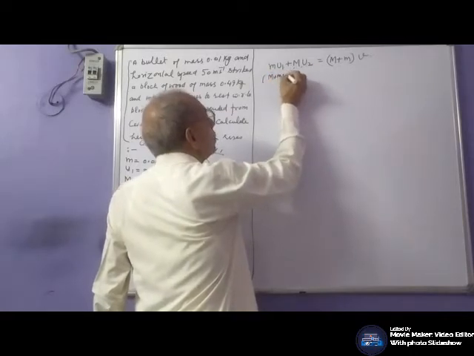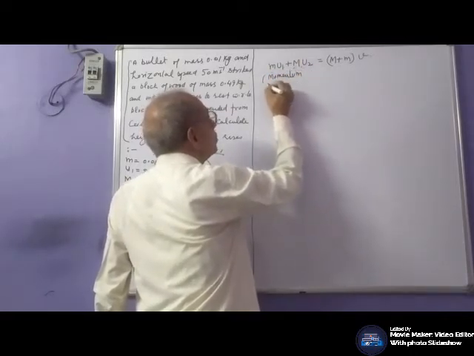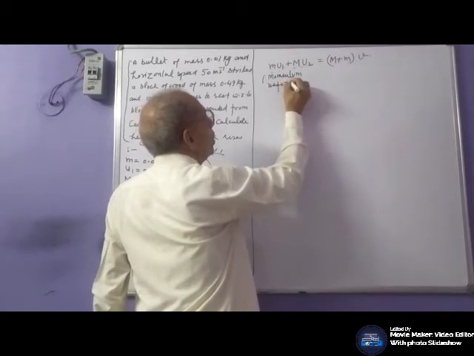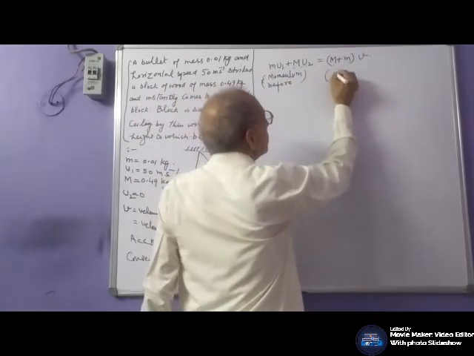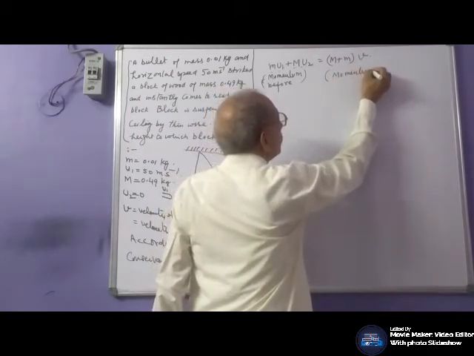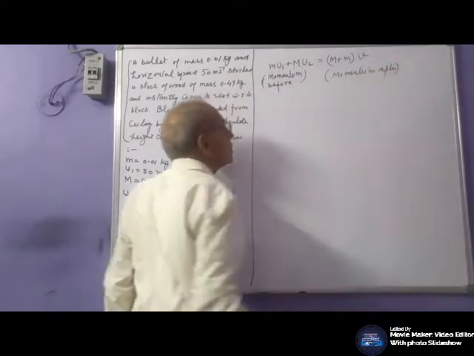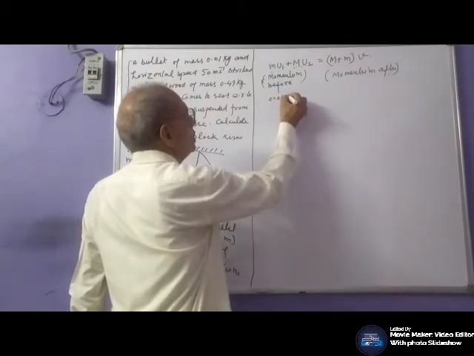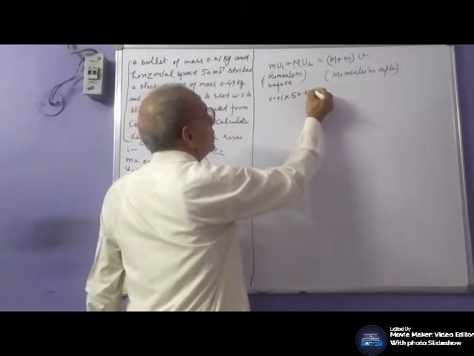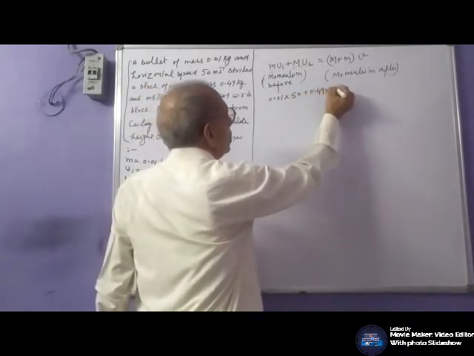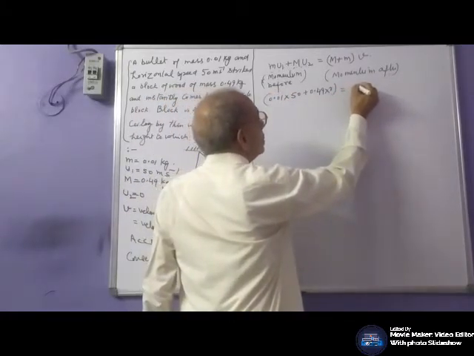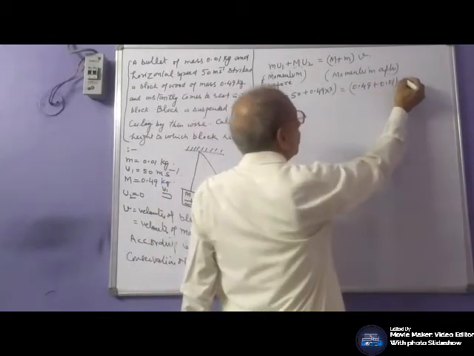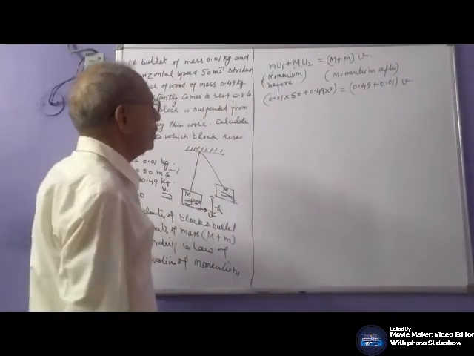According to the law of conservation of momentum, momentum before equals momentum after. 0.01 times u1, which is 50, plus 0.49 times 0, equals (0.49 plus 0.01) into V, which we have to find out.